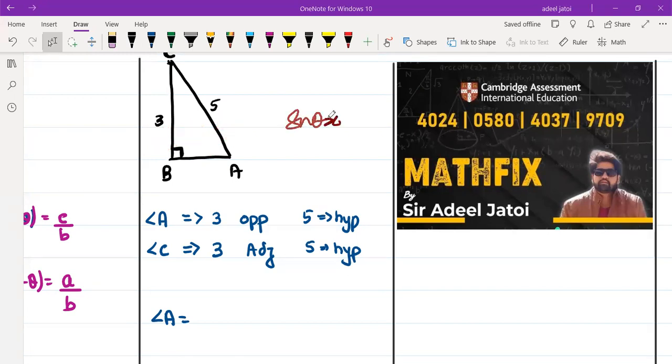Sine theta involves opposite upon hypotenuse.